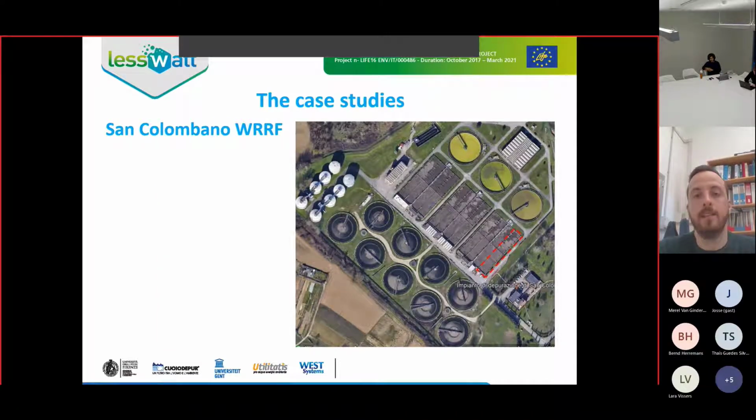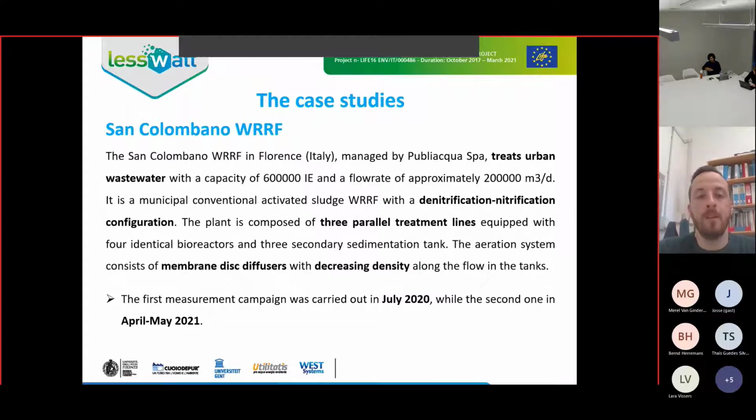The second case study was the San Colombano plant. The San Colombano plant in Florence treats urban wastewater. It has a high capacity, about 600,000 IE, and a flow rate of approximately 200,000 cubic meter per day.